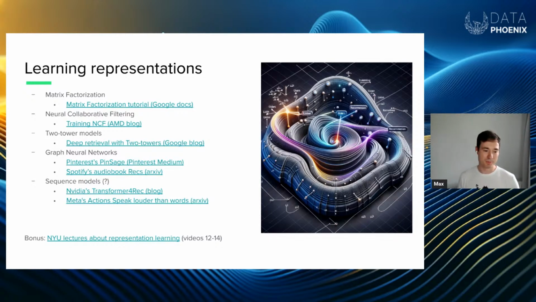For somebody who is interested in learning about that, I linked the NYU lectures, and I think videos 12 to 14 are specifically relevant if you really want to learn how we can learn representations. I think they're given by Yann LeCun. So yeah, I highly advise checking it out.